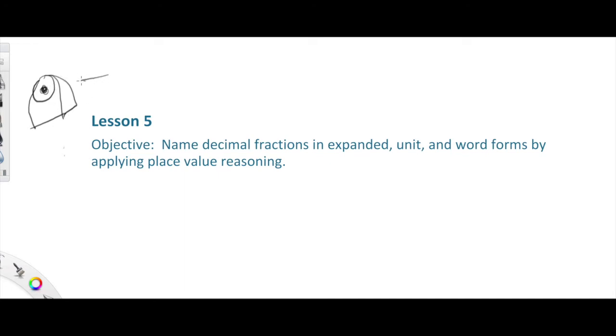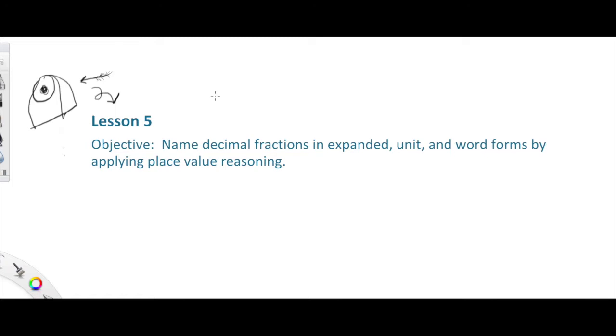For my friends that have had the good fortune of doing some archery, this is supposed to be an archery target. So our learning target in lesson 5 is to name decimal fractions in expanded, unit, and word forms by applying place value reasoning. So we are going to continue using that place value chart to guide us.